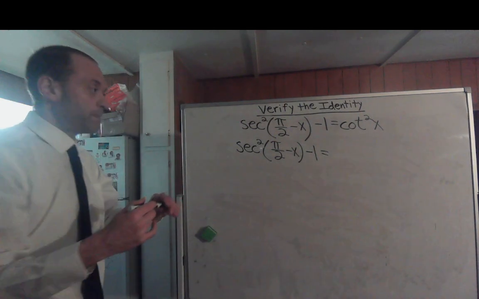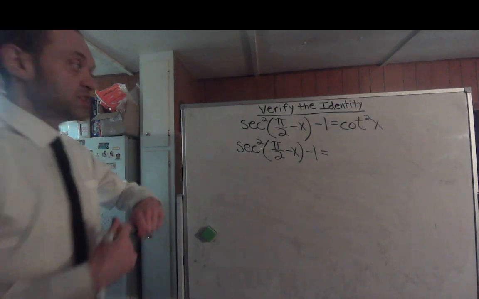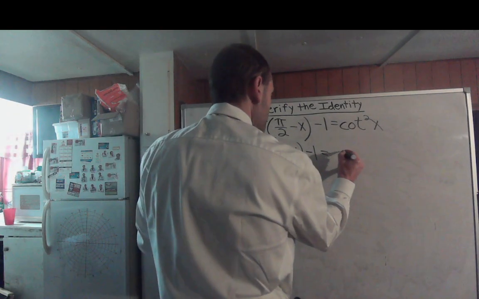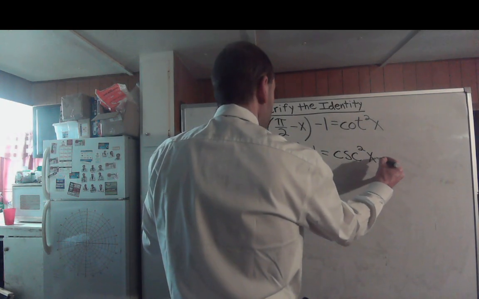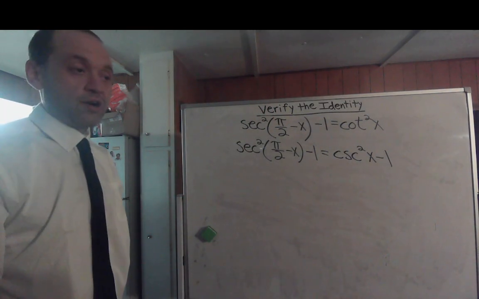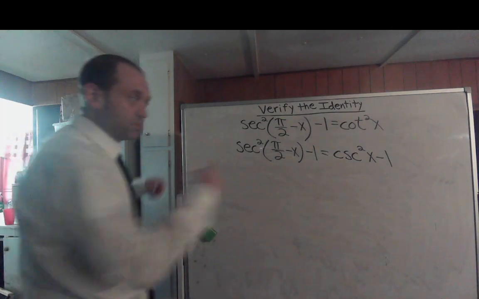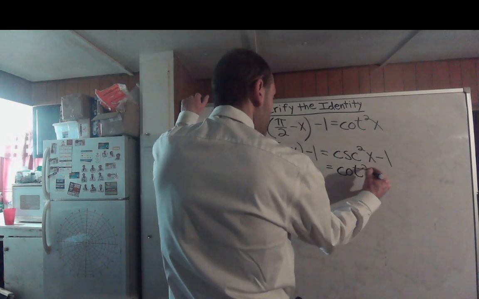Okay, so that's a cofunction identity on the secant, so this would actually turn into cosecant. So this would be the same thing as the cosecant squared of x minus 1. Well, we know 1 plus cotangent squared equals cosecant squared, so that means cosecant squared minus 1 equals the cotangent squared.